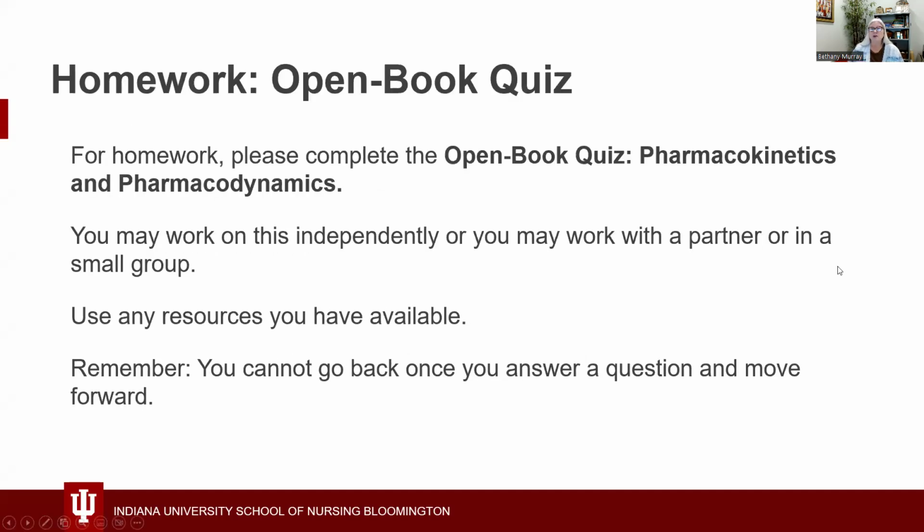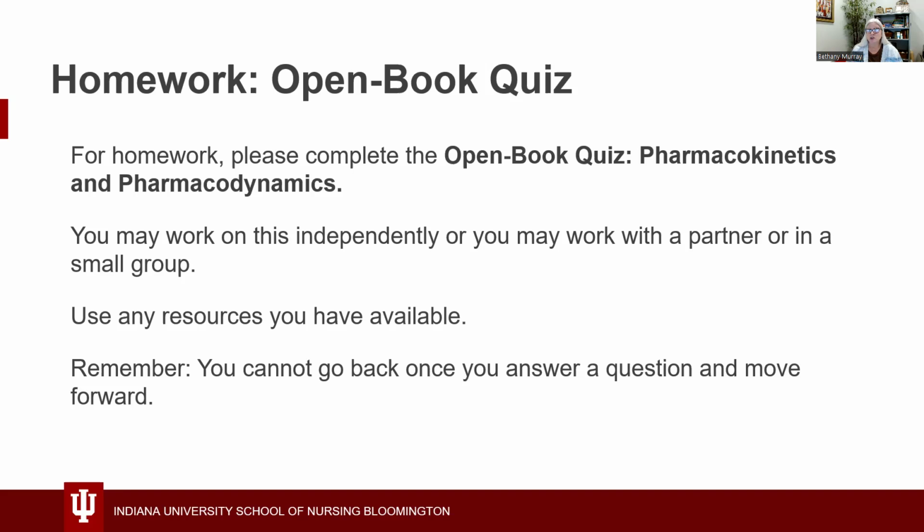And then secondly, you also have an open book quiz, a 20-point quiz, just like the quiz that we did on medication abbreviations. Take your time. There's no time limit. You can use any resources. You can look things up on the net. You can do it with a friend. You can sit in a small group and do this together. However you would like to do that. It's open book.